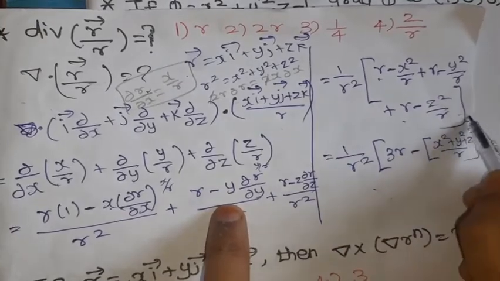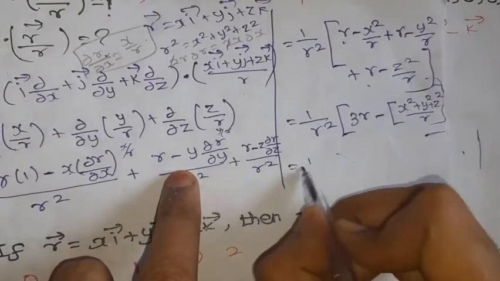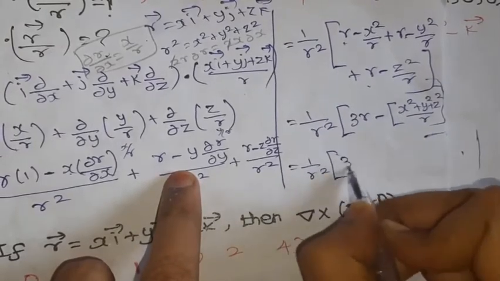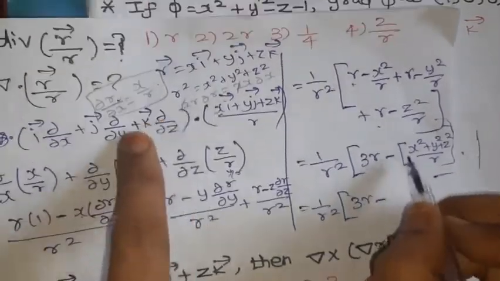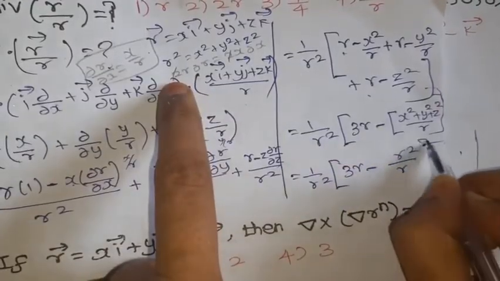Taking the whole bracket outside, 1 by r squared into 3r minus (x squared plus y squared plus z squared) divided by r, which is r squared divided by r.